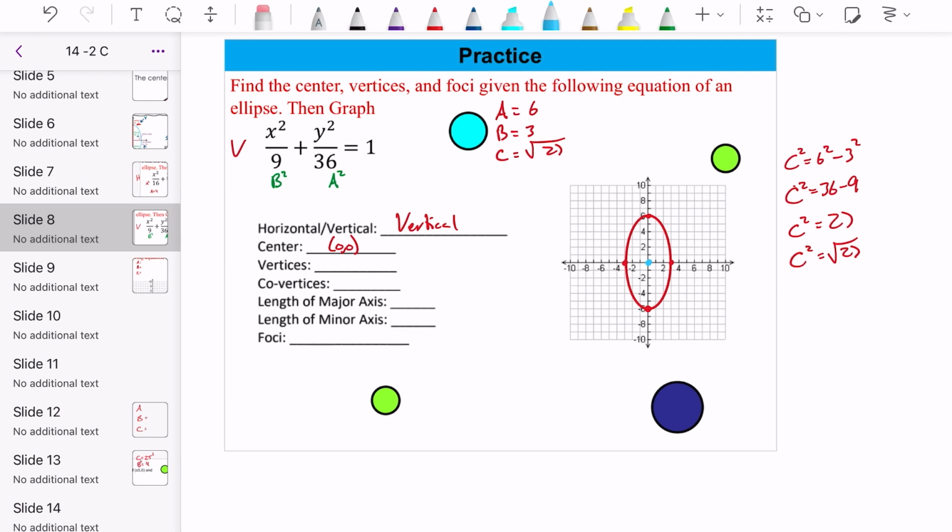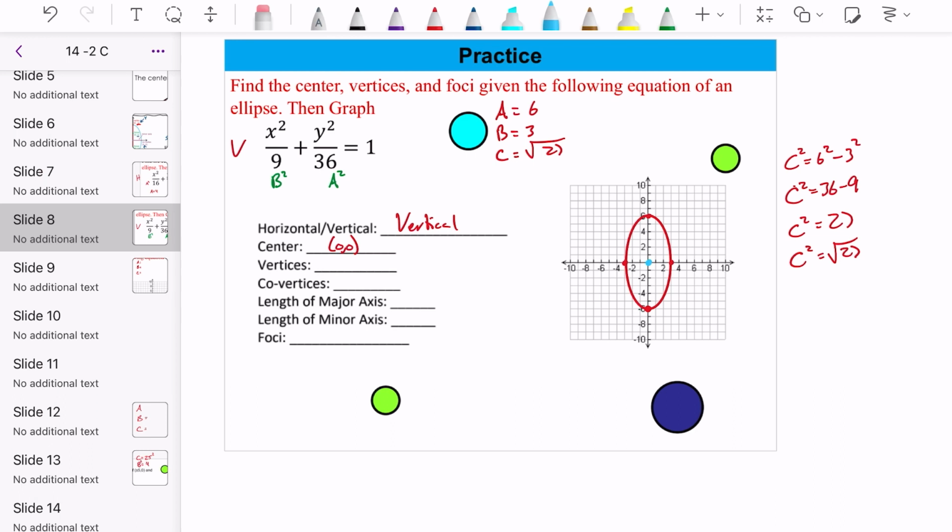And the foci would be A squared minus B squared is equal to C squared. We're looking at the square root of 27. Remember, that's going to be in between the square root of 25 and the square root of 36.